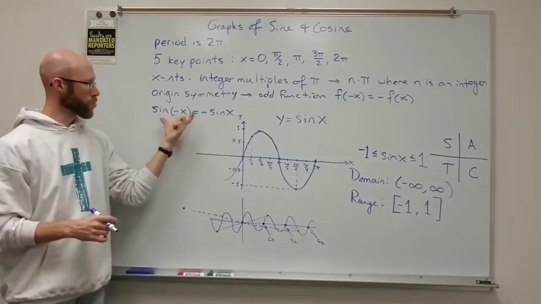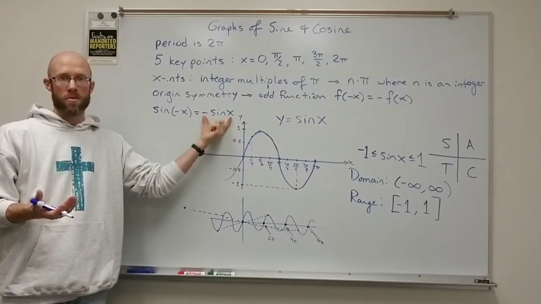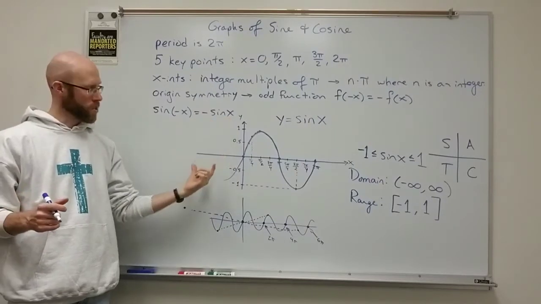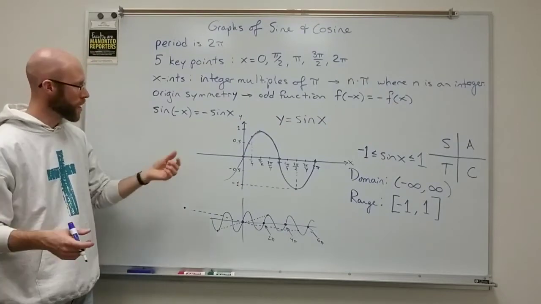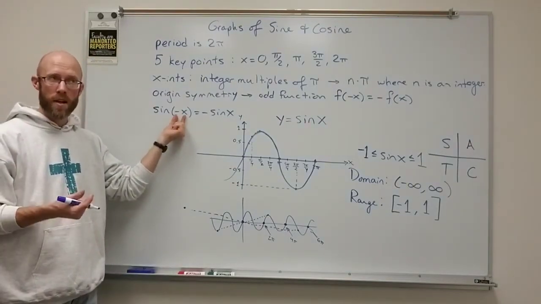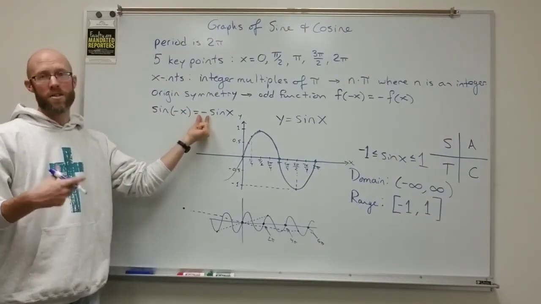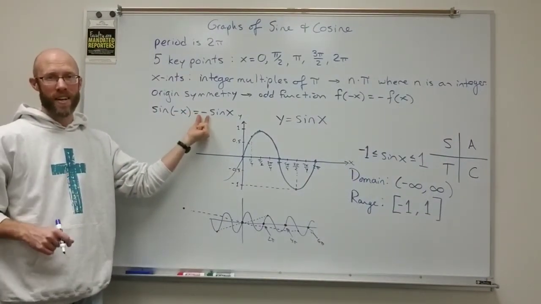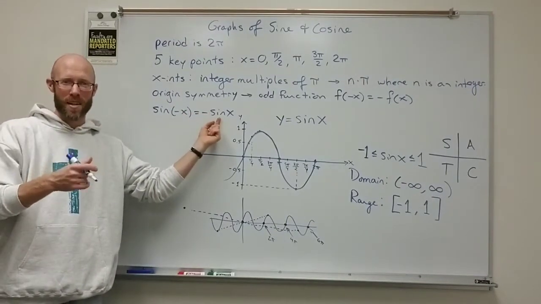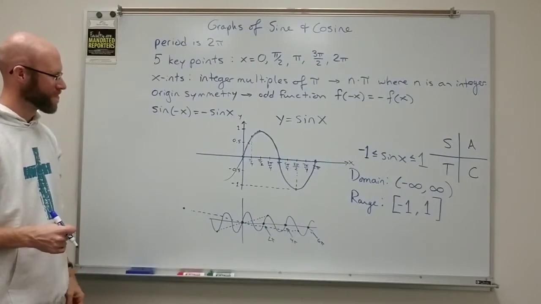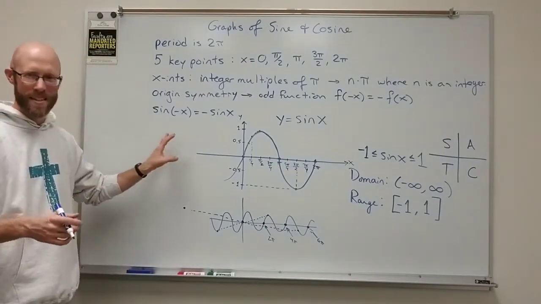And this is a true property for all sine values everywhere. So not just pertaining to the graph, but if we just think about inputs and outputs for sine, if you change the sign, S-I-G-N, of the input, it changes the S-I-G-N sign of the output. Don't confuse the positive negative sign with the sine cosine sine. That is very confusing. I hate that it's the same word, but it is.